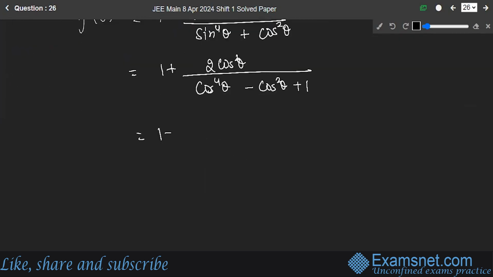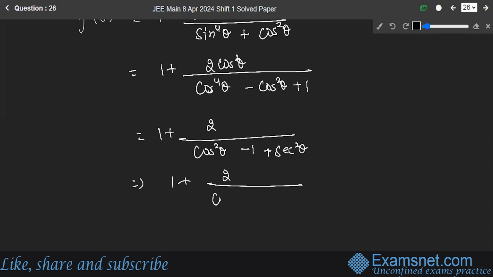So dividing the numerator and the denominator by cos square theta, this will be equal to cos square theta, and here will be minus 1 plus secant square theta, or 1 over cos square theta, and minus 1 over here. Okay, so all right.